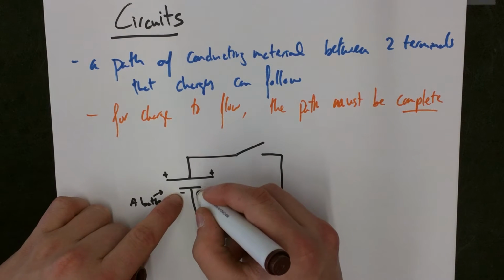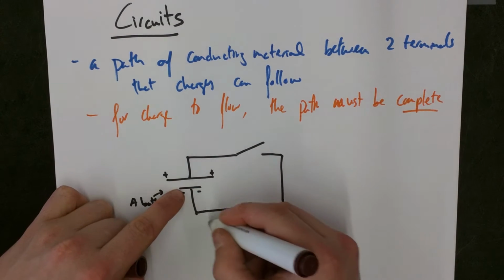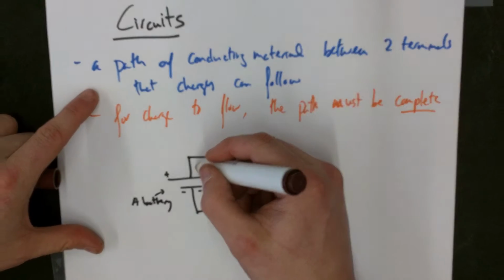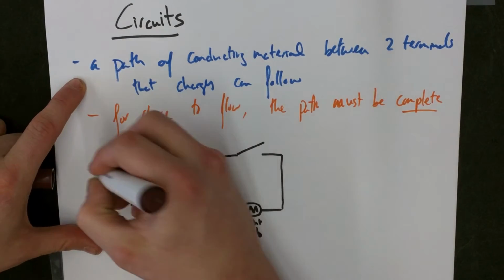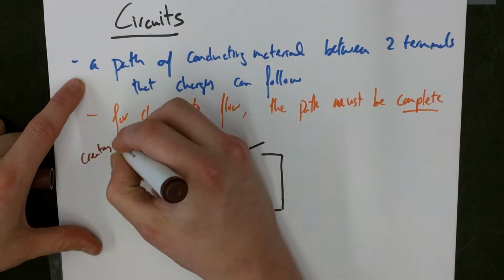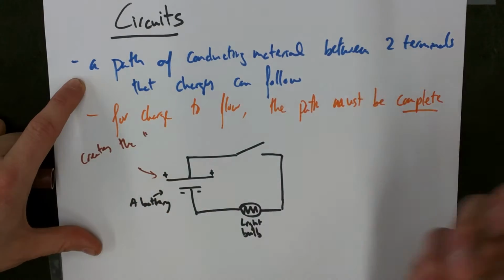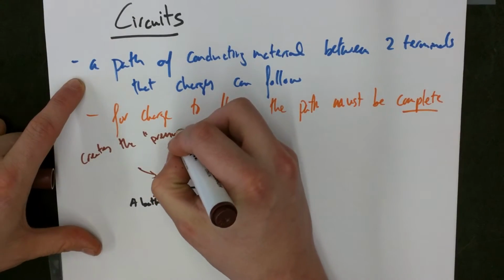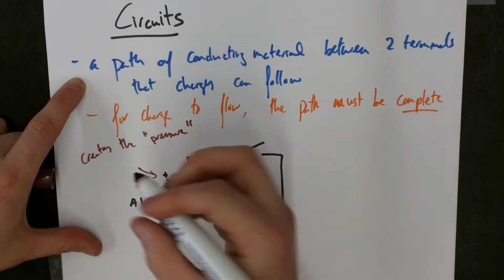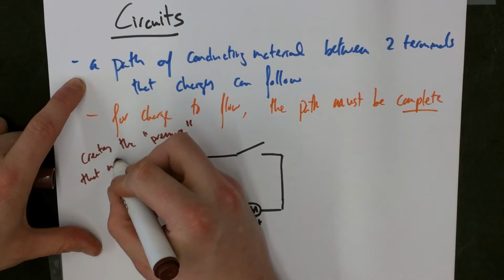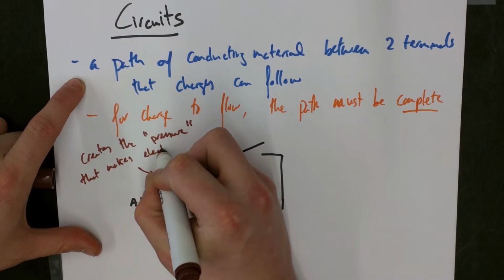We have electrons that want to move from this side and get to the positive side. So our battery creates what I'll say is pressure, though we know it's electric potential, that makes electrons flow.